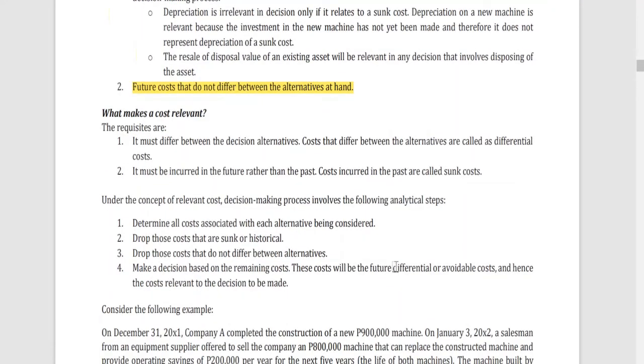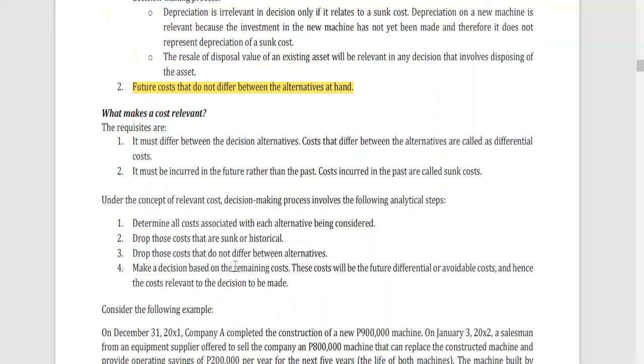Under the concept of relevant costs, decision-making process involves the following analytical steps. First, you determine all costs associated with each alternative being considered. Second, drop those costs that are sunk or historical because again, you don't consider them in the decision making. They are already there. You can no longer avoid them.